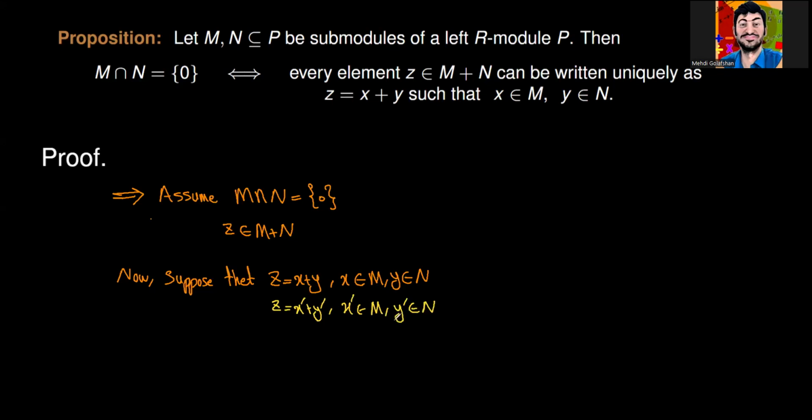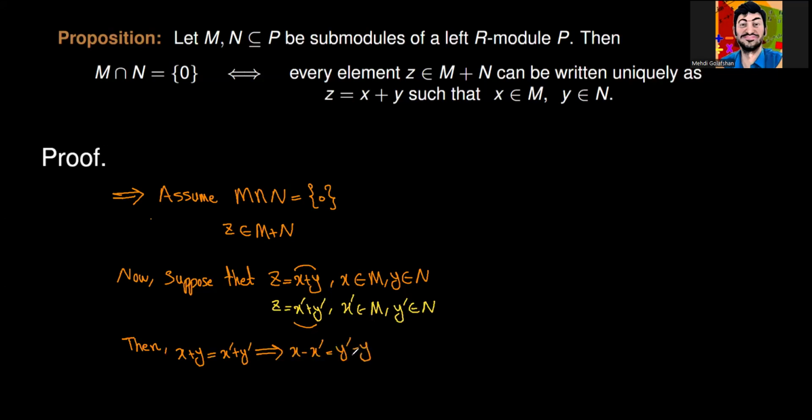Then, because Z is equal to Z, these two expressions are equal. So X plus Y is equal to X prime plus Y prime. Then we can say that X minus X prime is equal to Y prime minus Y.